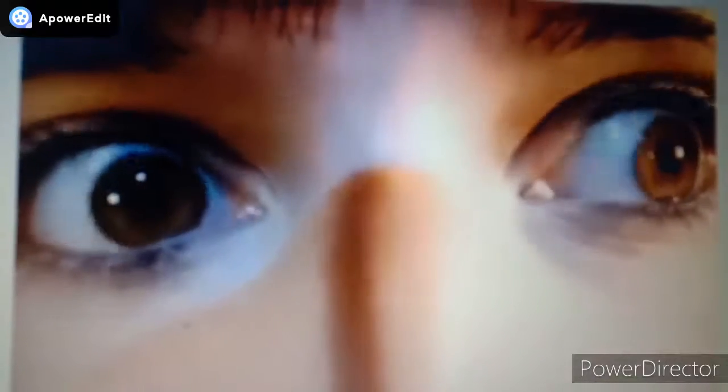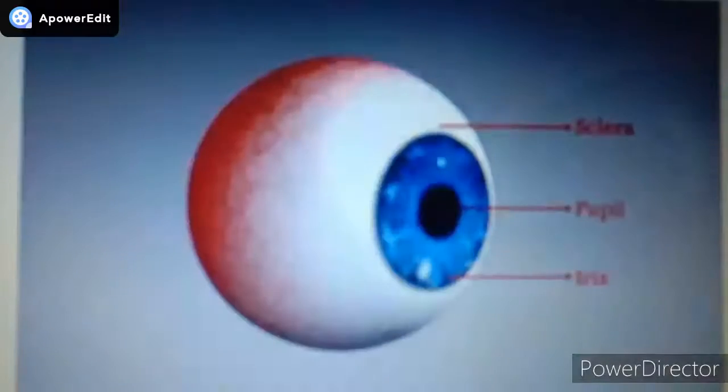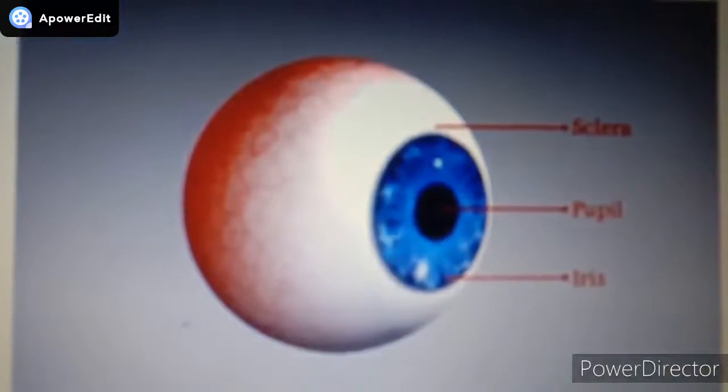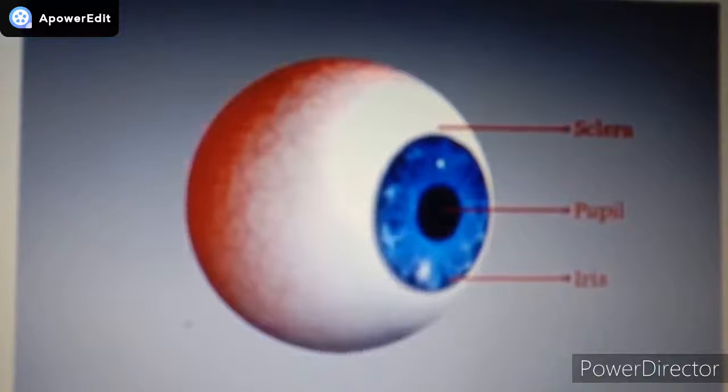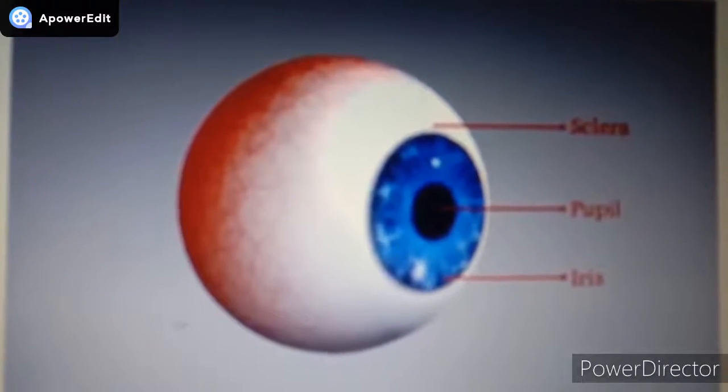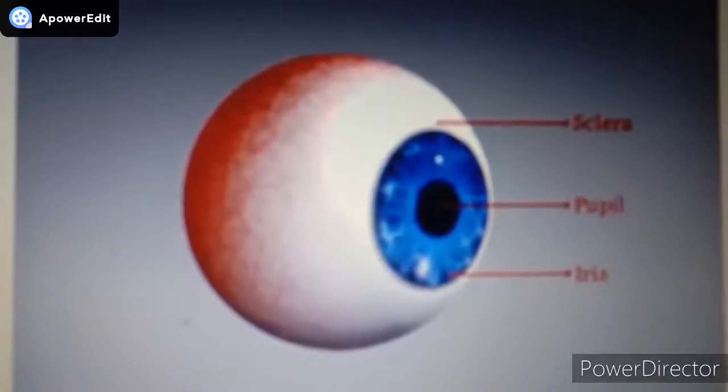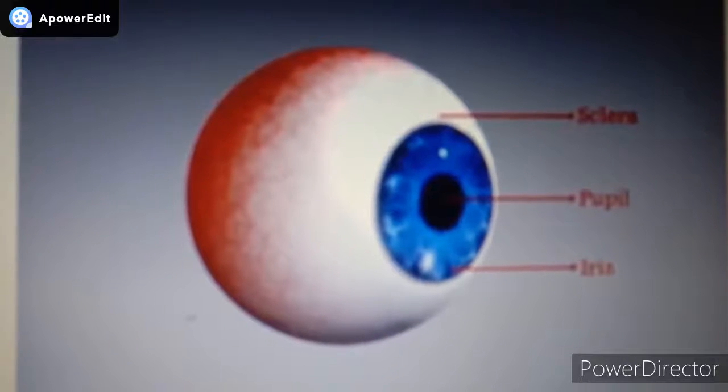Now, externally our eyes look like this. When we rotate the eyes, you will understand it has a ball-like structure. This is an entire human eye. It has a ball-like structure, and so it is known as the eyeball.